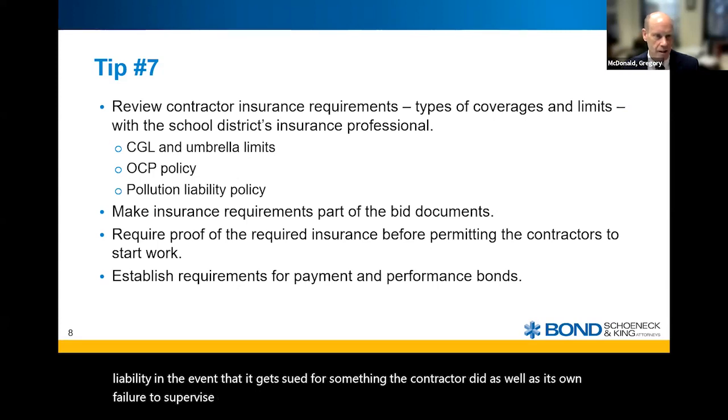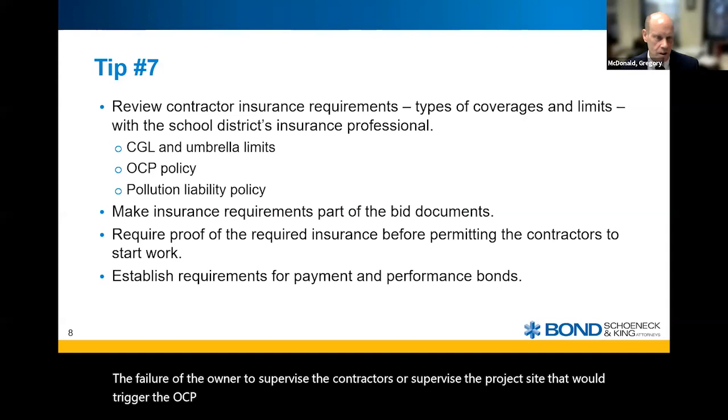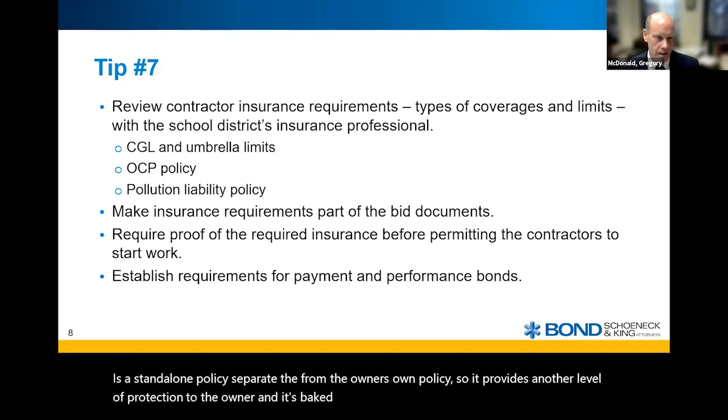To the extent the claim from an injured party is based upon the failure of the owner to supervise the contractors or supervise the project site, that would trigger the OCP policy, which is a standalone policy separate from the owner's own policy. So it provides another level of protection to the owner, and it's baked into the contract price that the contractor bid on.